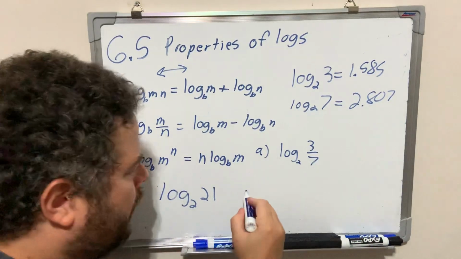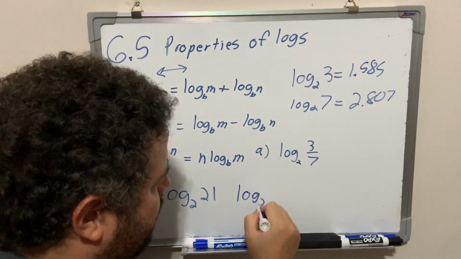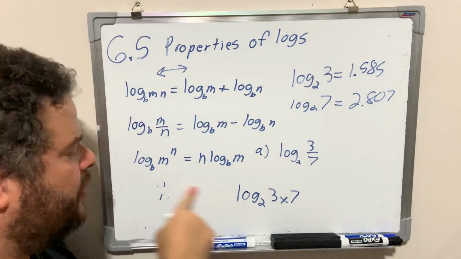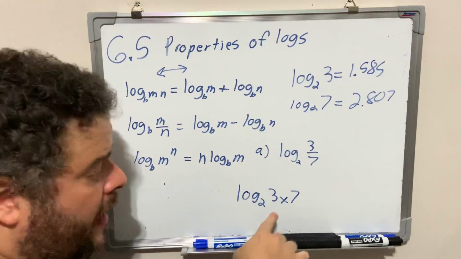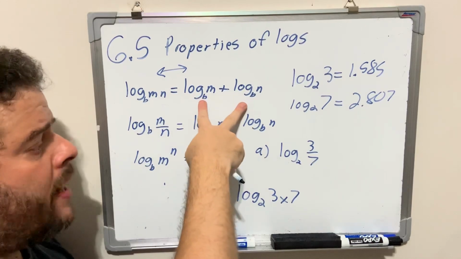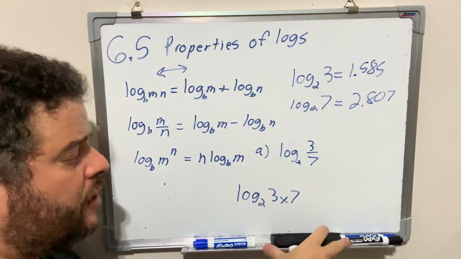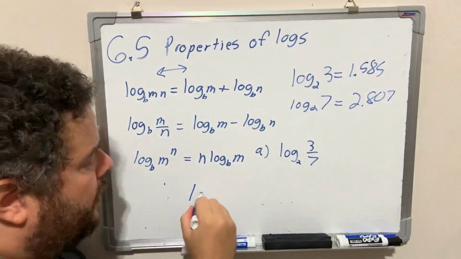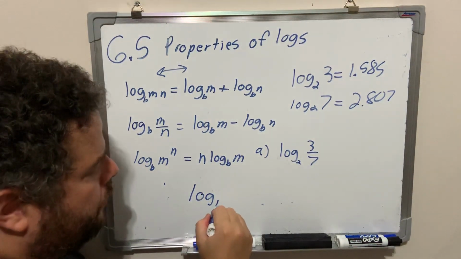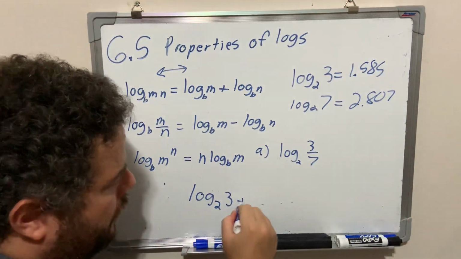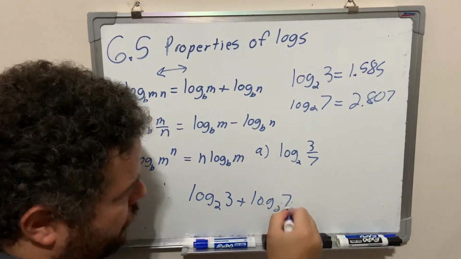Is 21 not the product of 3 times 7? Is that not the same thing as 21? Yes. And when I have a multiplication of 3 times 7, do I not break it up and turn this into an addition? Yes. So all you have to do here is turn that into this addition, log base 2 of 3 plus log base 2 of 7.